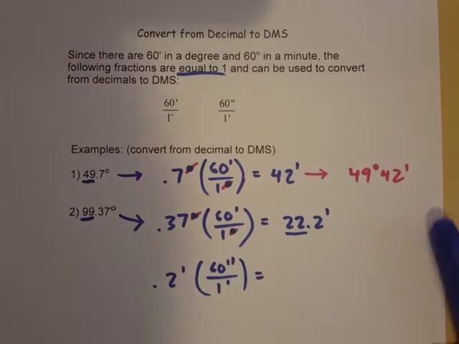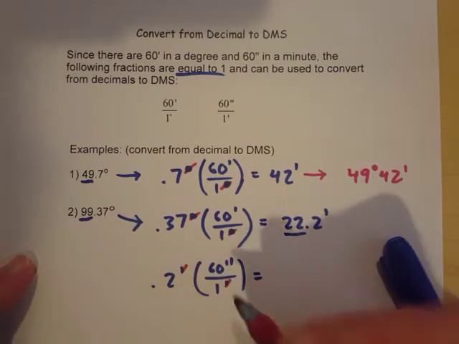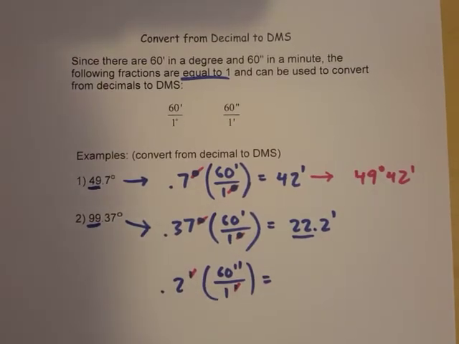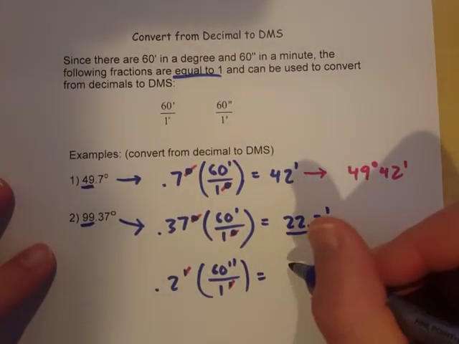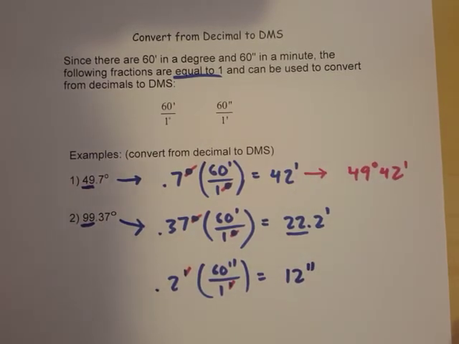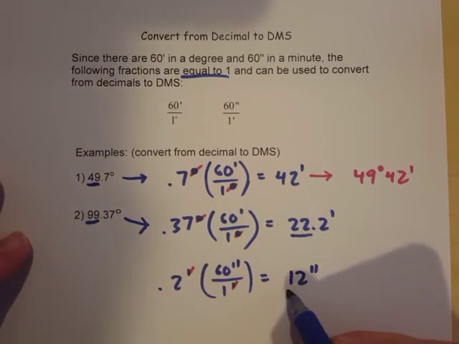And so when we do that, again, keep in mind that this one on the top, this one on the bottom, those units cancel, and so we're going to be left with seconds. But 0.2 times 60 is equal to 12, and that's going to be 12 seconds. So now we've got 99 degrees, 22 minutes, and 12 seconds.